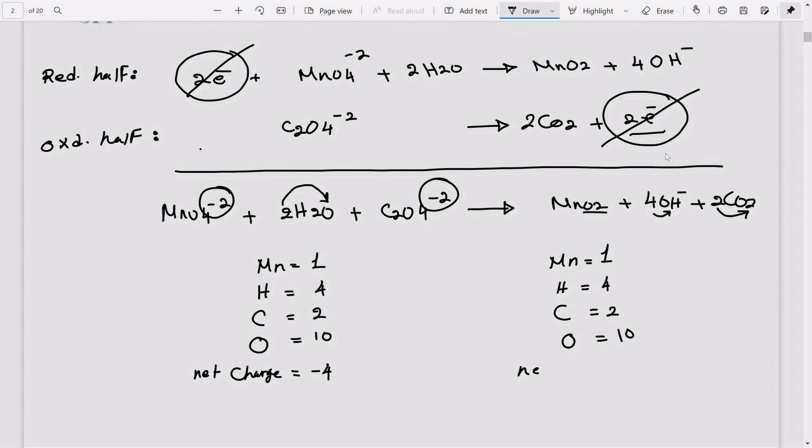And my net charge on my right side is also equal to -4, because 4 times -1, each hydroxide has -1 charge, that will give me a total of -4. So my elements are completely balanced, my charge is completely balanced, so that is how I can get a balanced oxidation and reduction equation that is happening in a basic medium.